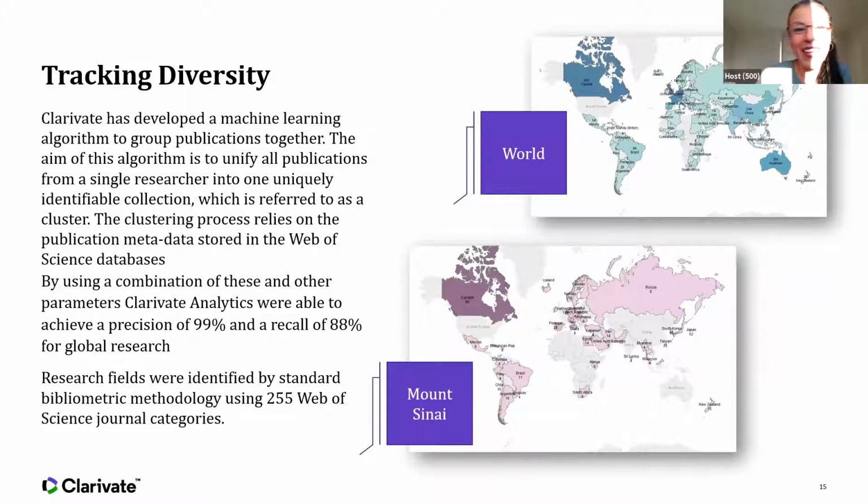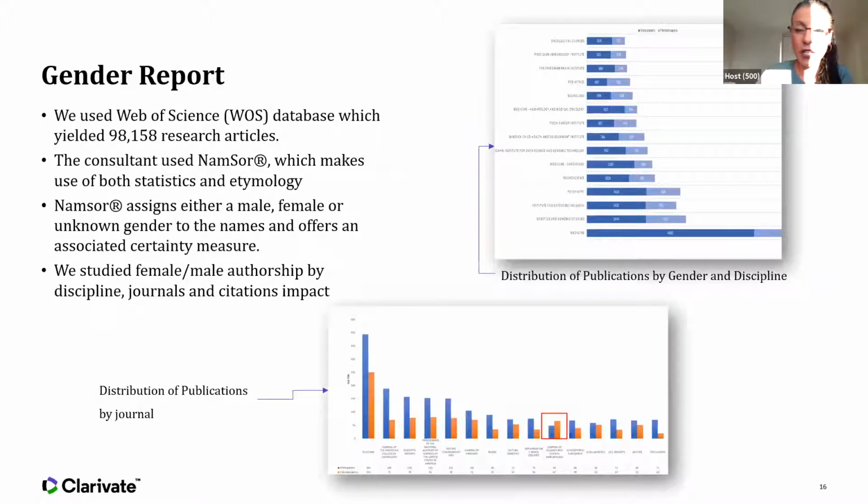Another great project that I worked on with the Clarivate consulting team was a gender report. I'm sure most of you online know that there are some gender-related reports out there and some methodologies that have been developed in order to find gaps in gender in different disciplines.